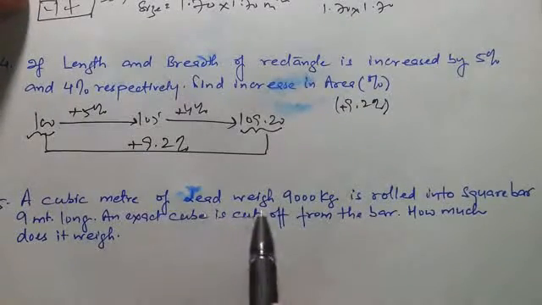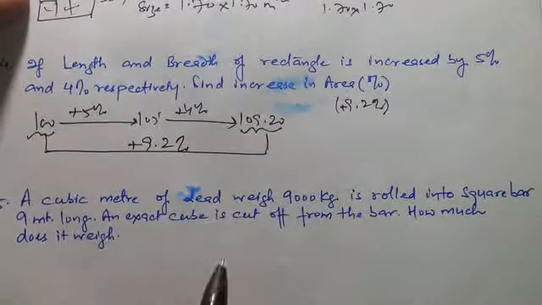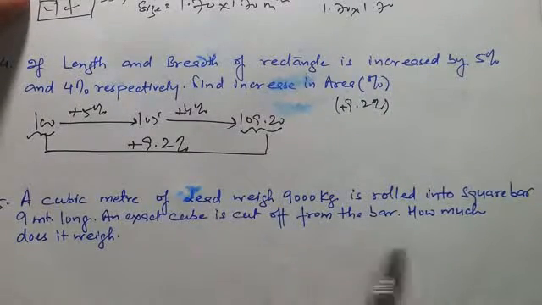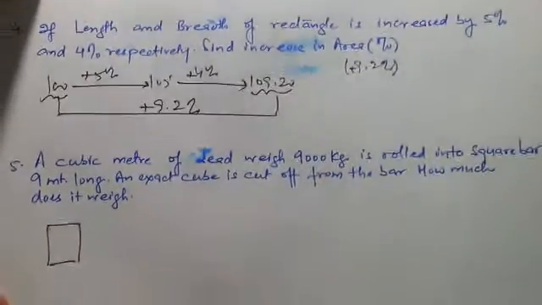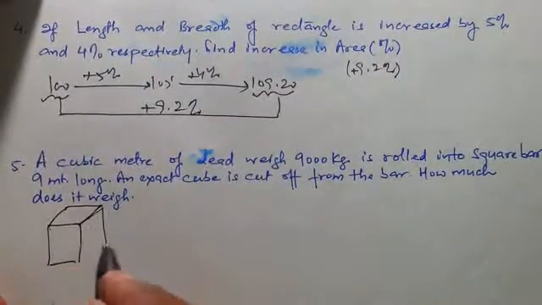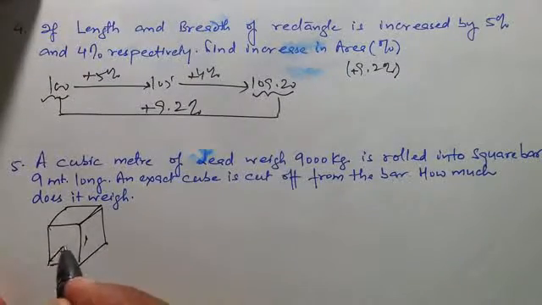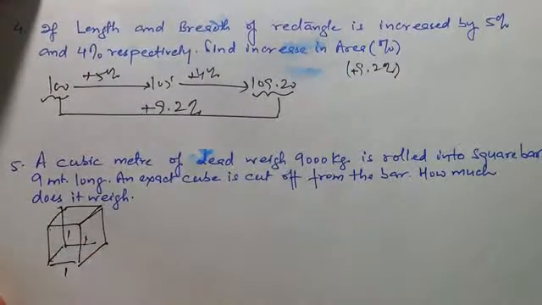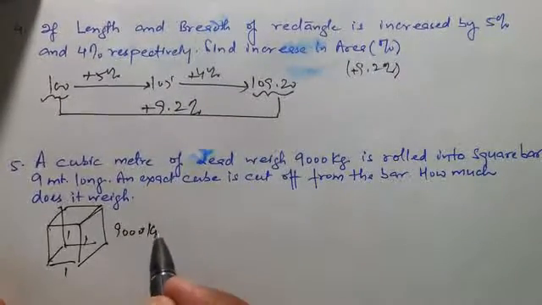A cubic meter of lead weighs 9000 kg. It is rolled into a square bar 9 meter long. An exact cube is cut off from the bar. How much does it weigh? So we are having a cube like this, 1 meter by 1 meter by 1 meter, correct? So its weight is 9,000 kg.